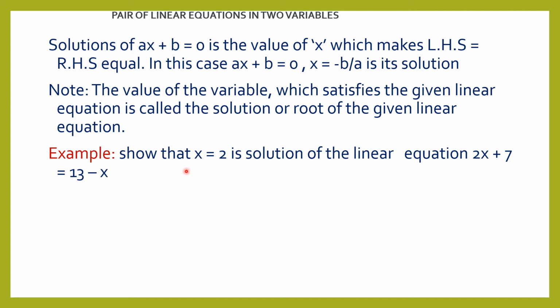Now we have to prove x equal to 2 is solution of the given equation. Means substitute x equal to 2 in the given equation. If LHS equals to RHS, x equal to 2 is solution of the given equation. Otherwise x equal to 2 is not solution of given equation. Substituting x equals to 2 in the given equation.